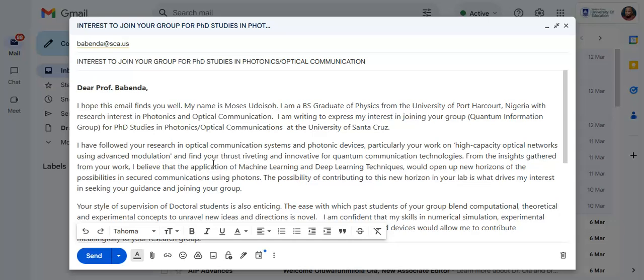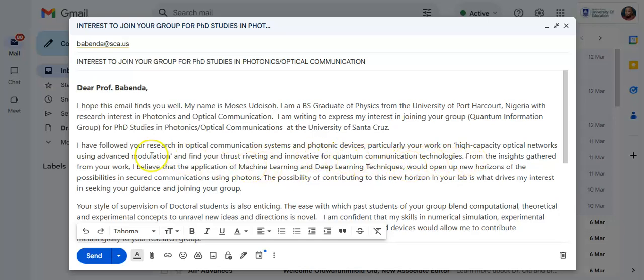And so this is where you show your level of comprehension, your level of understanding of what the professor does in his research group. And so, yeah, he said, I have followed your research in optical communication systems and photonic devices, particularly your work on high capacity network using advanced modulation, and find your thrust riveting and innovative for quantum communication technologies.